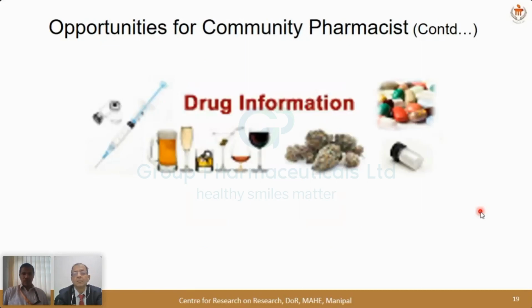Well, there are a lot of other opportunities. Drug information is a great area where you don't have to do anything, but you can link to different websites on our platform. Or if it is very important, you can explain, as you are the expert in that, you can read and explain and keep that as a small website display for the people.